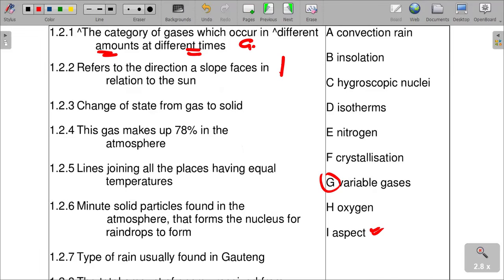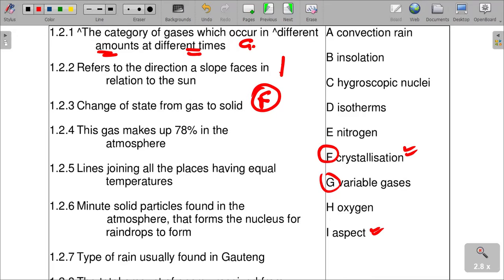Not really. It is called condensation... crystallization. Change of state from gas to liquid is called crystallization, which is F.